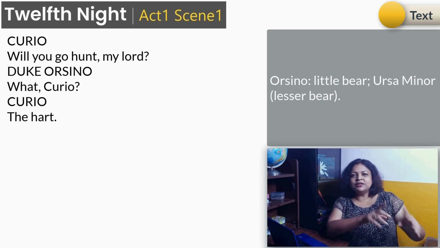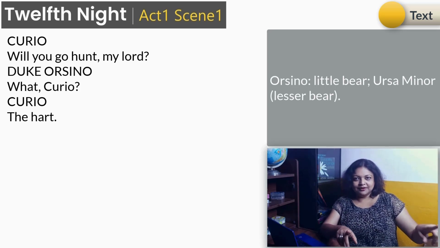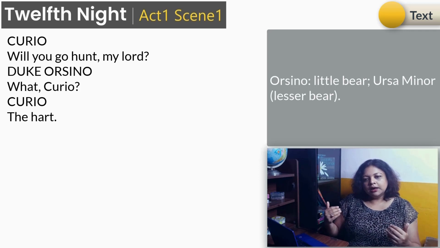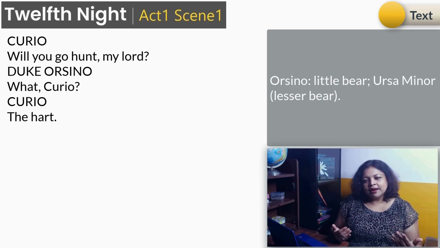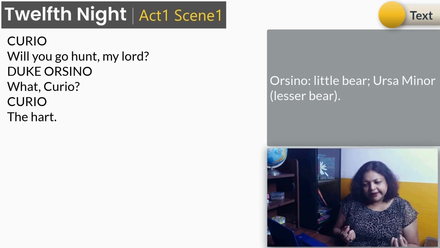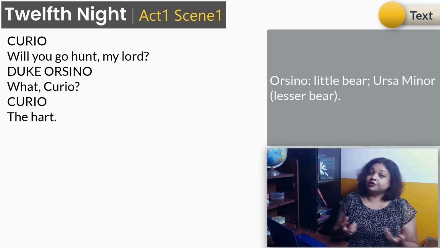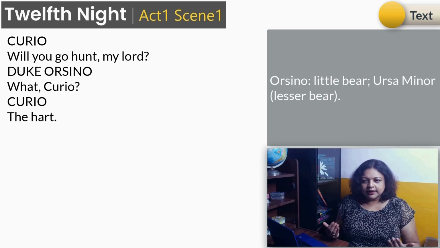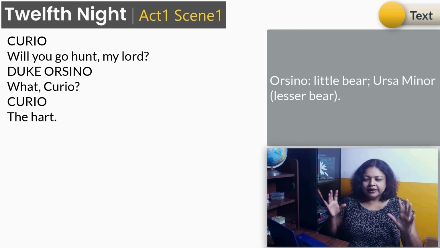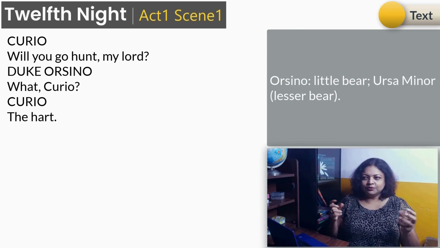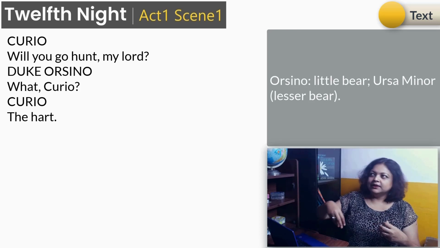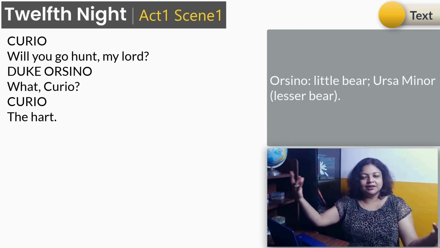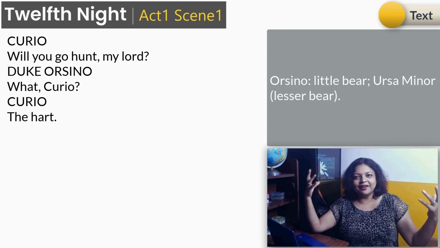And once you make that connection between Orsino and that constellation of stars, you might start thinking, is Shakespeare telling us that Orsino is the star of our story? Or is he telling us that he is a dreamy person who is unrealistic? He does not belong to this earth. He belongs to the skies and imagination and starry nights.